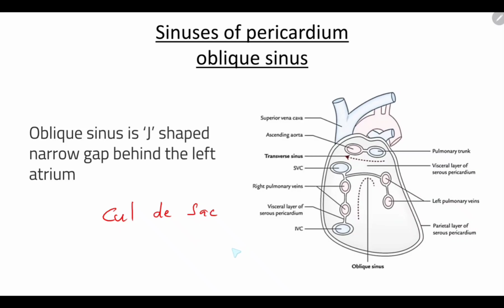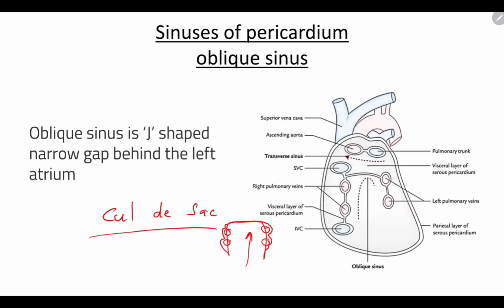Cul-de-sac means a pocket. So here we have 2 pulmonary veins on the left side, right pulmonary veins are there. Okay, and the pericardium which is reflected over this one makes a cavity like this, one-sided open cavity, that is known as a cul-de-sac, and this space is known as the oblique sinus.